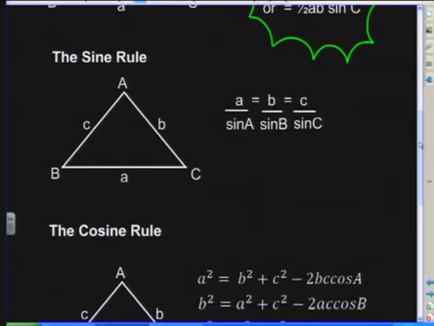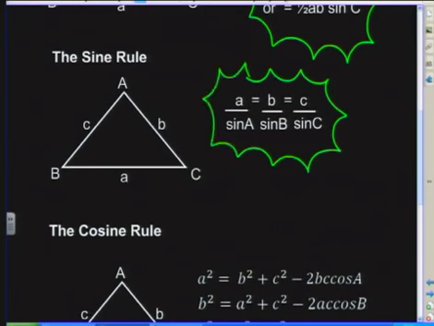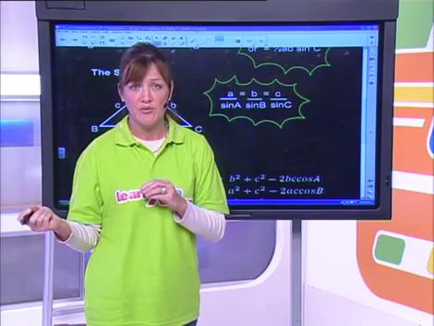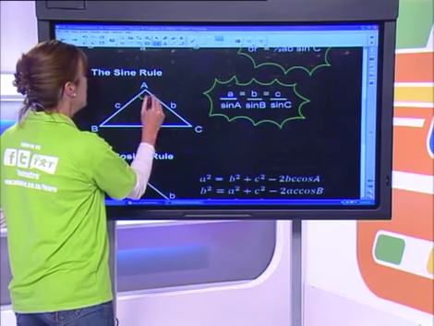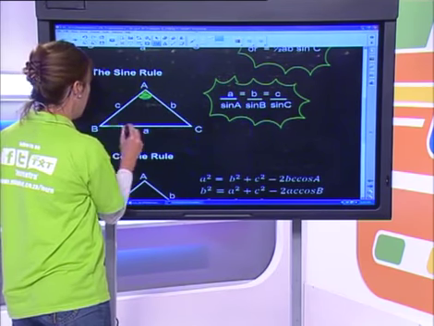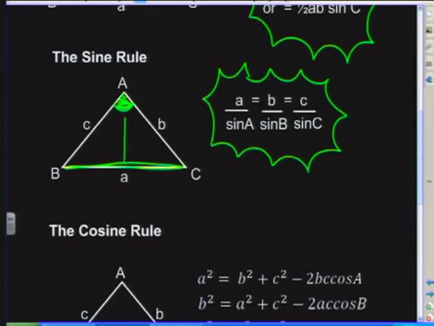Sine rule, all right, remember for your sine rule, here is what it looks like. We take a over sine A, which is equal to b over sine B, or c over sine C. Remember, guys, what we spoke about last week is when do we know to use that sine rule, okay? Essentially what we are looking for is a pair of a known angle and its opposite side.